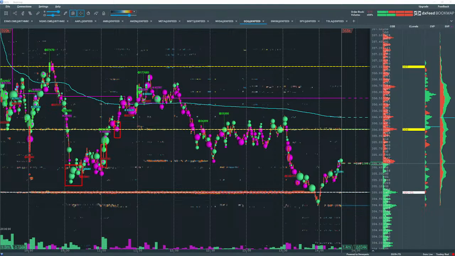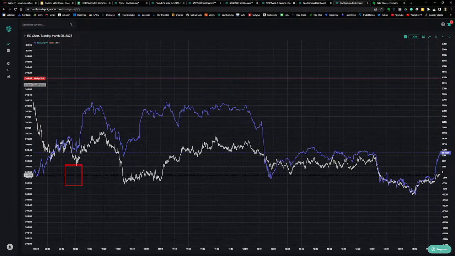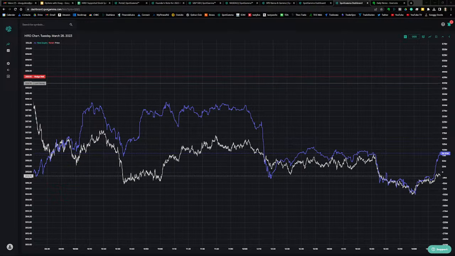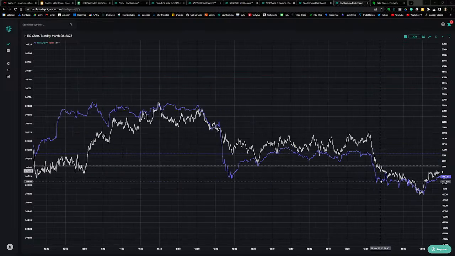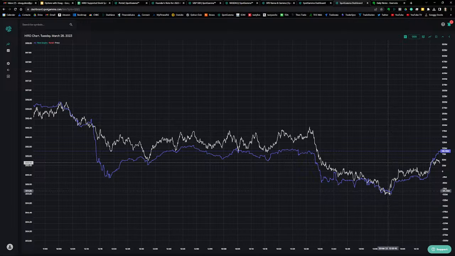And let's take a look and see what options traders are doing now. So it looks like price reversed higher again at the 305 C1 level. We'll just zoom in, and at the same time options traders are taking positive delta positions.